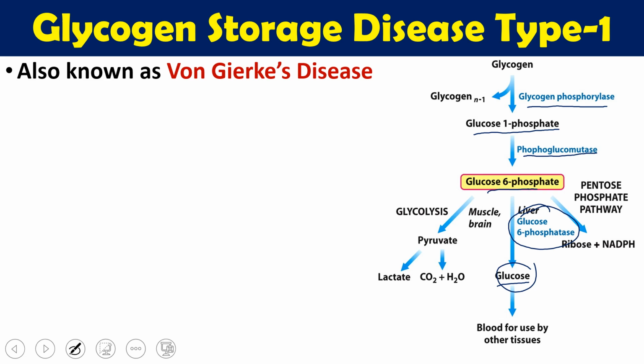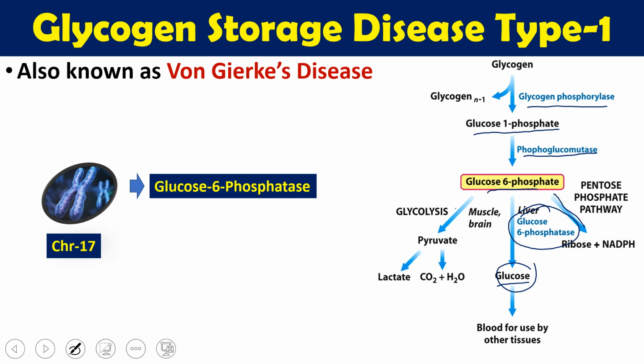Glucose 6 phosphate may also be diverted to some other pathways for other metabolic processes, but normally the gene responsible for the glucose 6 phosphatase enzyme, which converts glucose 6 phosphate to glucose, is present on chromosome number 17.